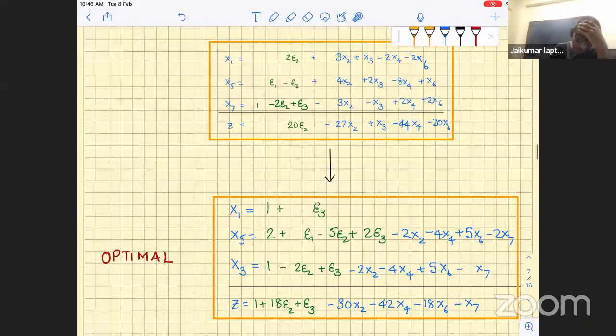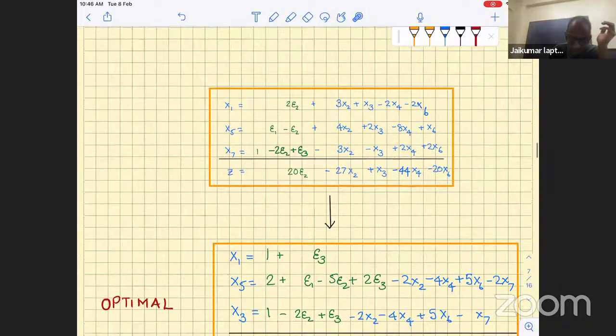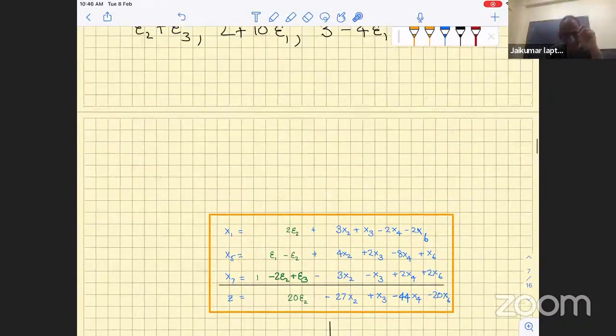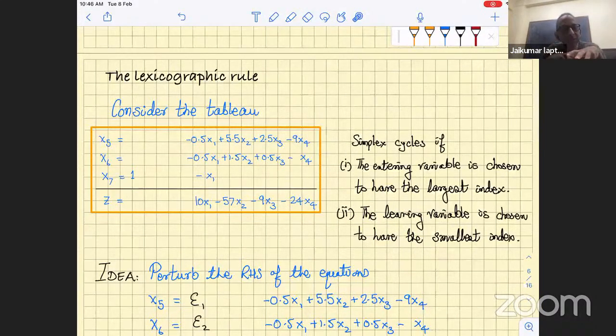Yeah, so maybe we should spend some time. There are many ways. If you have time, you should read Chvátal also. The point is that we could have done this substitution of epsilon1, epsilon2, epsilon3 at the very first simplex. After we run the auxiliary LP, we get an initial basic feasible solution.